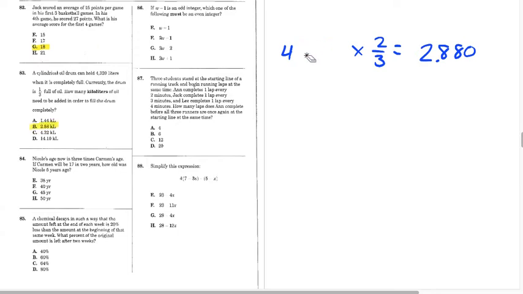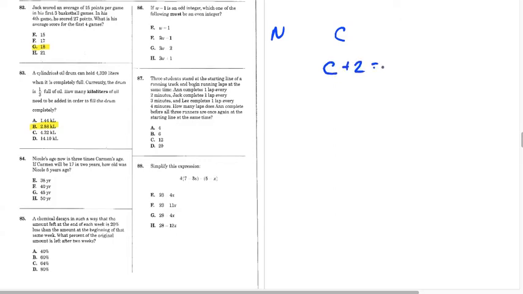Okay, question number 84. Nicole is 3 times Connie's age. Alright, so we've got Nicole and we've got Connie. Let's see what we can find out here. I'm sorry, it's Carmen. In 2 years, Carmen will be 17. So Carmen plus 2 equals 17.